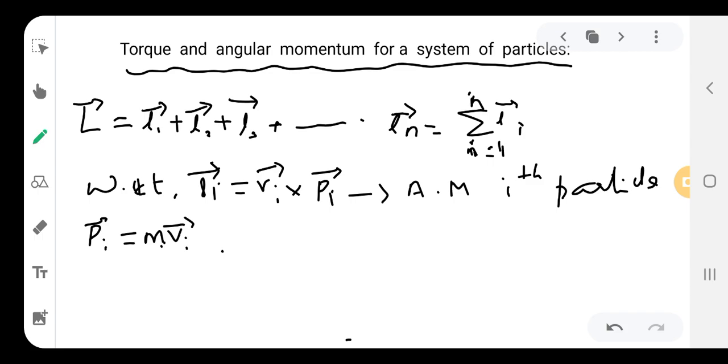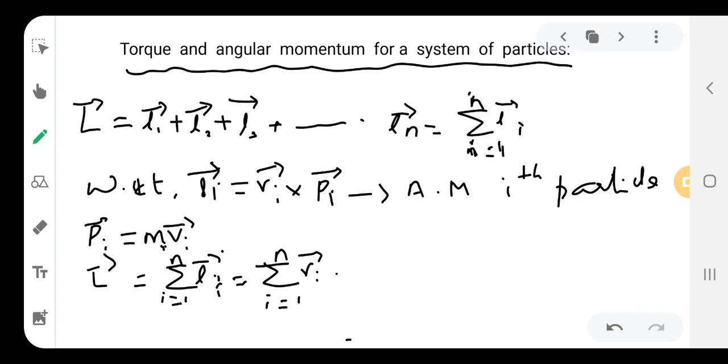Now, as we know, L vector is equal to the summation of Li vector, i equal to 1 to n. So this will be the summation, i equal to 1 to n, of ri vector cross pi vector.